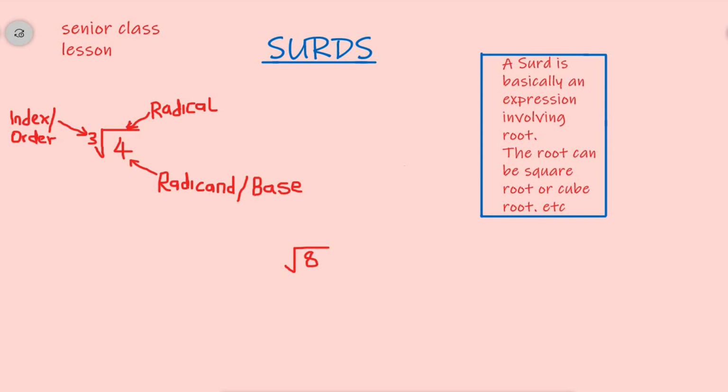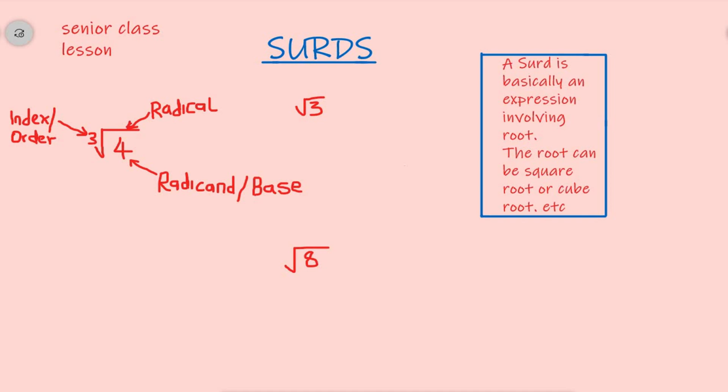You may be asked to solve a problem that may involve roots. You may have something like this to solve, so that involves a root. That is how to recognize surd. But how do you go about this? Let's first of all deal with the naming aspect.